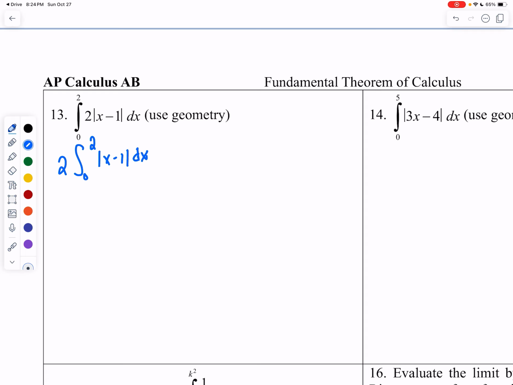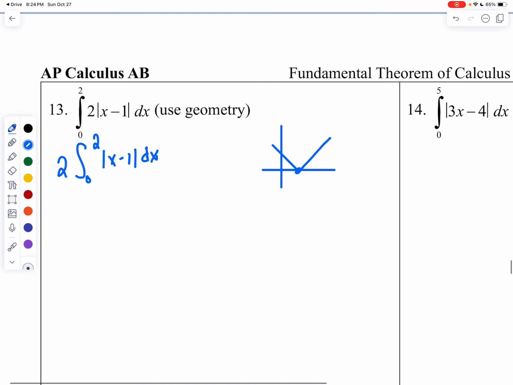So I have 2 times the integral from 0 to 2 of the absolute value of x minus 1. Now this right here is just an absolute value where I'm shifting 1 to the right. And I want to find the area from 0 to 2. So we have this area right here.